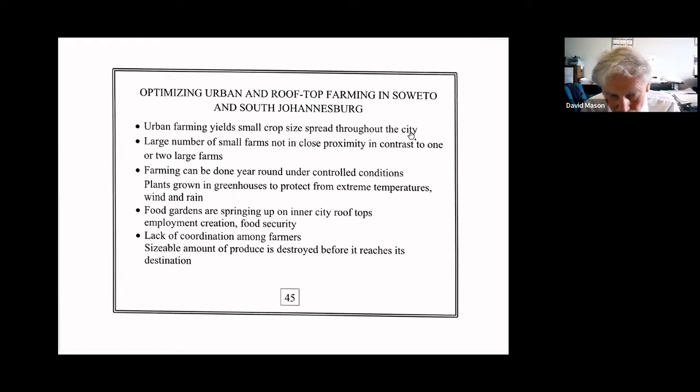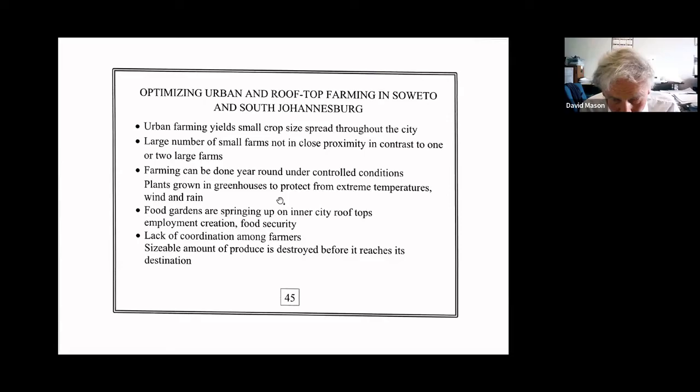You might have 100 people, for example, with all these small crops that have got to be collected. If you've got farming done with one or two big farms, you can just go to one or two big farms and collect everything there. But clearly, there'll be an optimum way to collect the produce from all the small farmers.